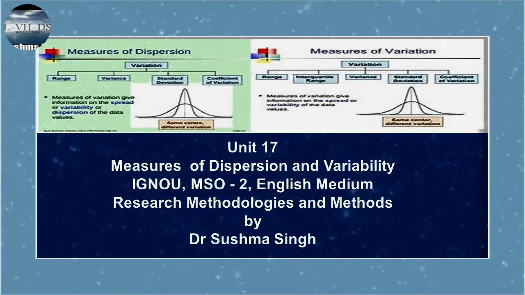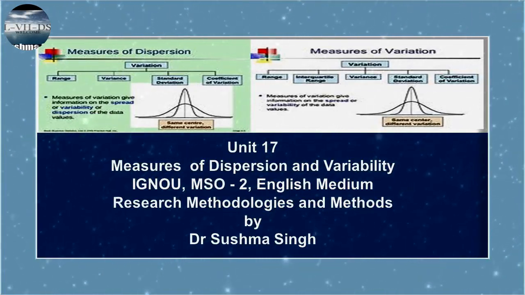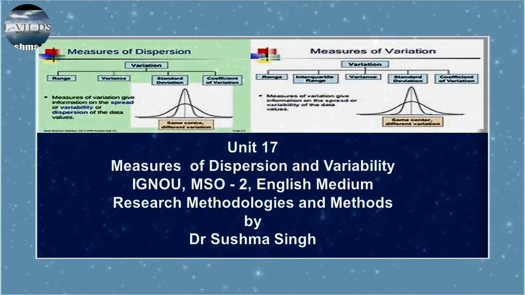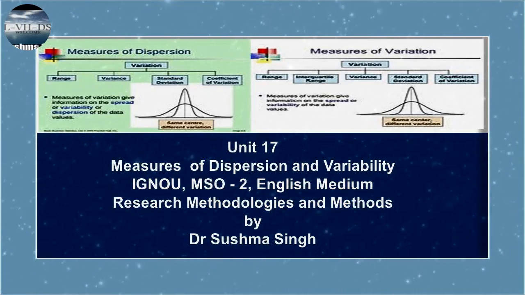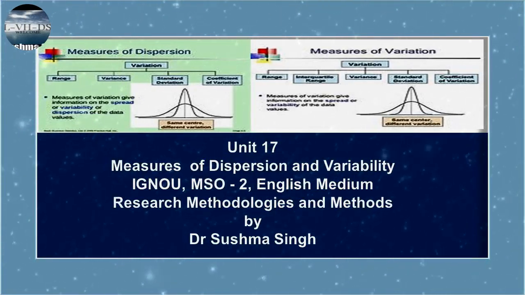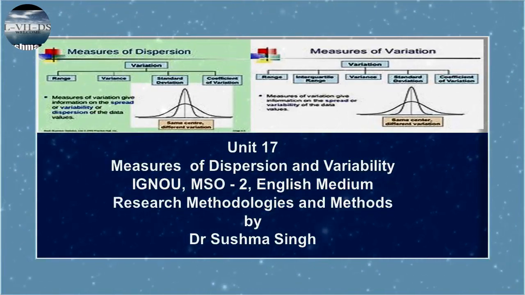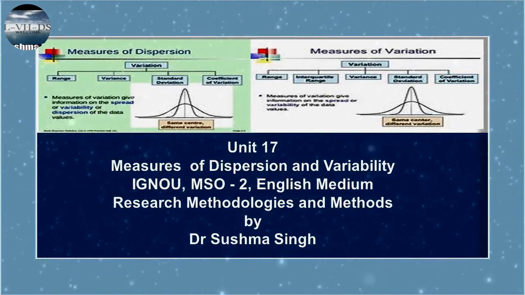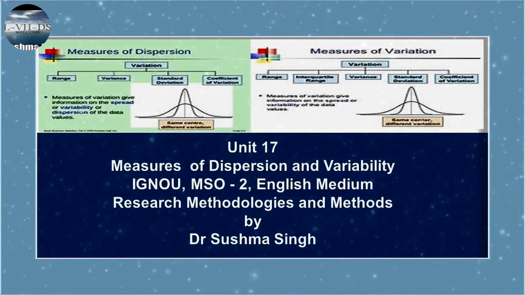Let us move to the next point, the variance. Another method of eliminating the signs of deviations from the mean is to square the deviations. The sum of squares of deviations from the mean is called the sum of squares.